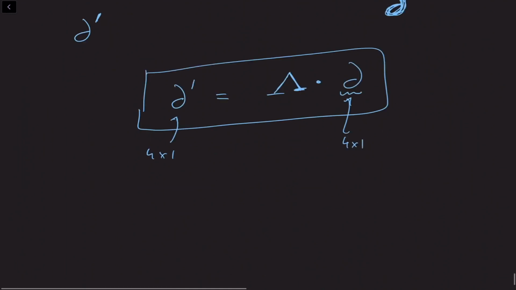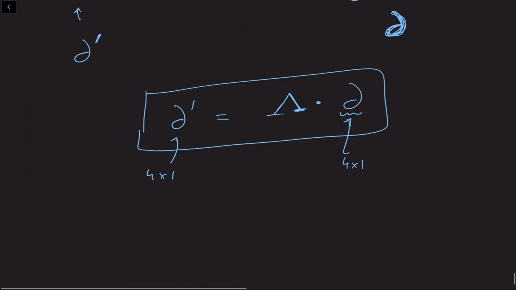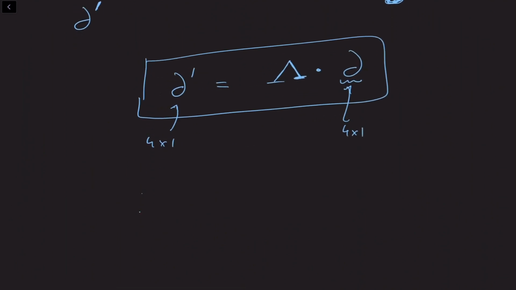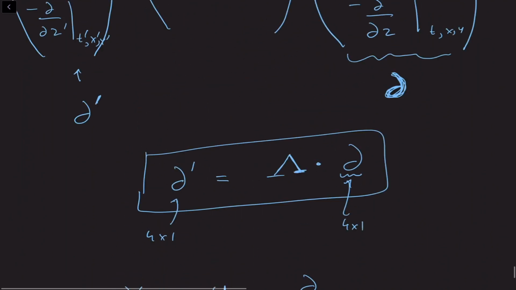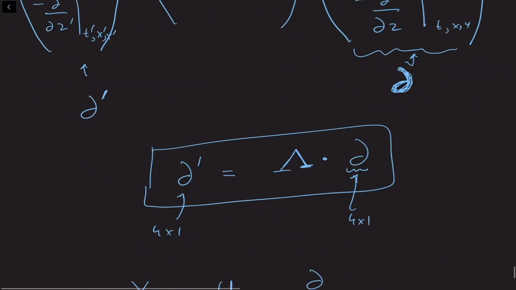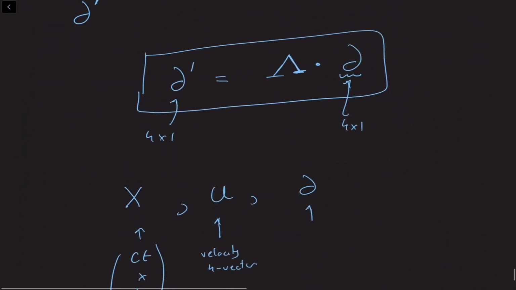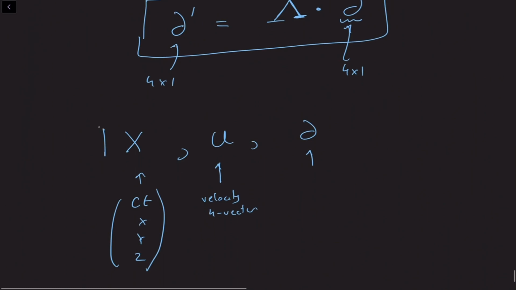And when we do that, then the quantities that we had written down, let me just denote them as x, u, and partial, x being the space-time column vector, u being the velocity 4 vector, and partial being this derivative 4 vector, which I've written down over here. These quantities all transform in the same way.